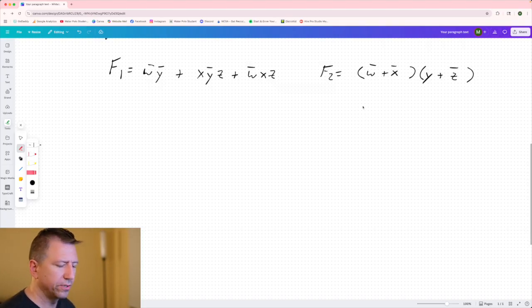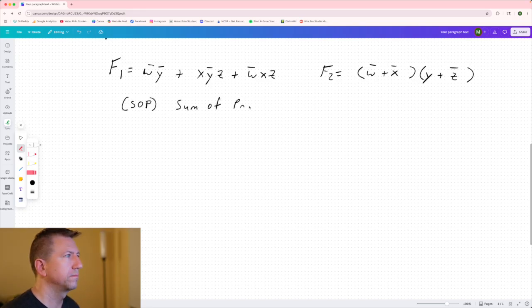And so let me introduce 2 other terminologies. So this is sum of products. Can you guess which one is sum of products? Sum of products means that first we have product terms.